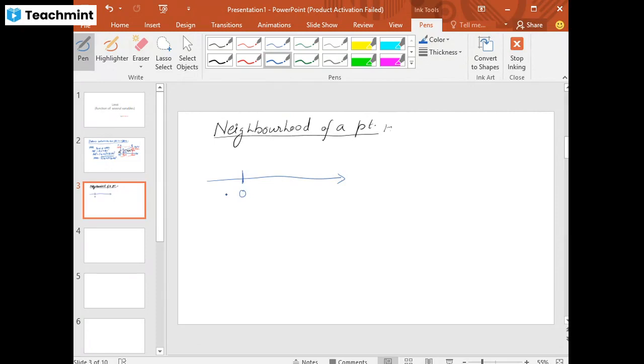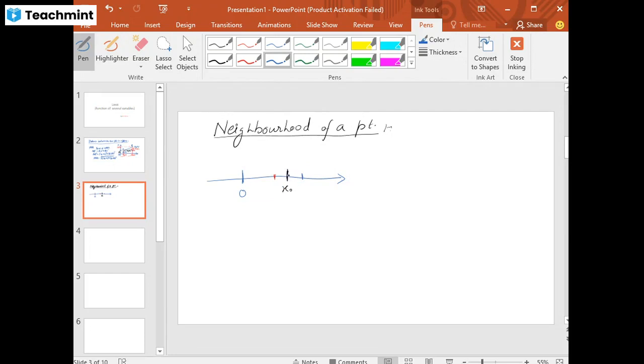Somewhere here we have a point 0, and I'm considering any point on this line, say x0. The neighborhood of a point in the real line lies either on the left-hand side or the right-hand side. So this is the left neighborhood of a point and this is the right neighborhood of a point.